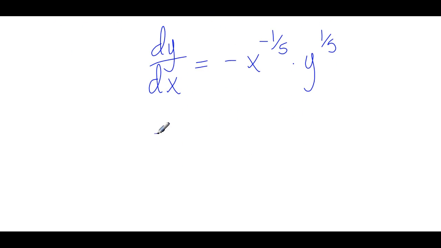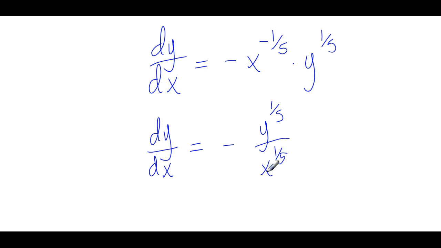And we can simplify that further if we just use properties of negative exponents. The negative exponent can go down to the bottom and become positive, so this would become y to the 1/5 over x to the 1/5. And now, since they're both the 1/5 power, we can just write it as y over x, and then raise it all to the 1/5 power.